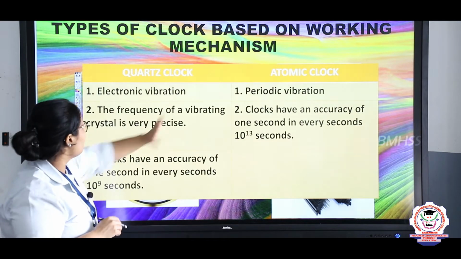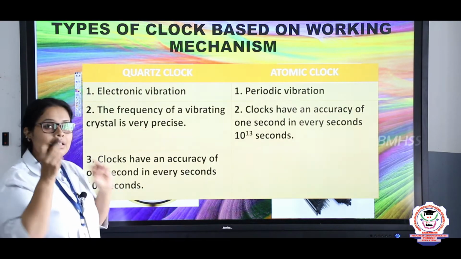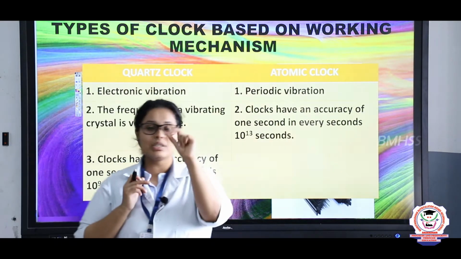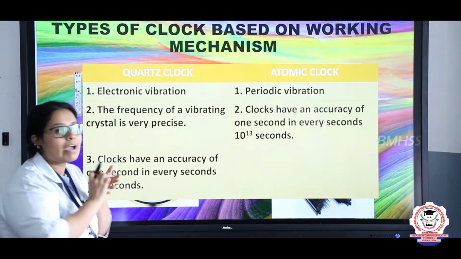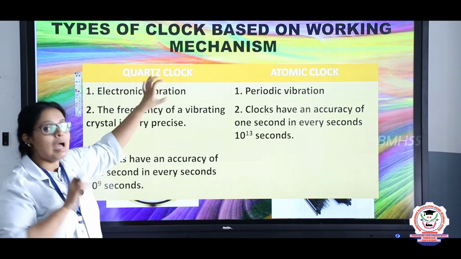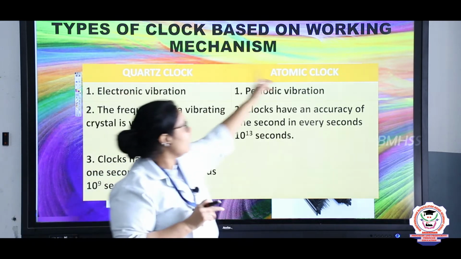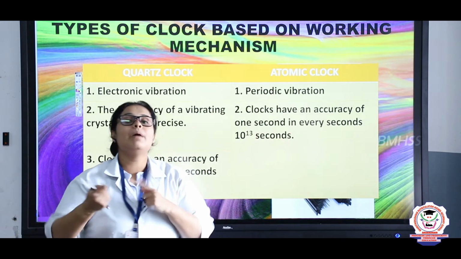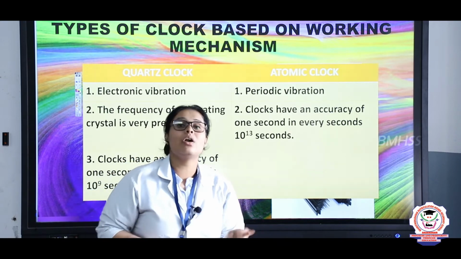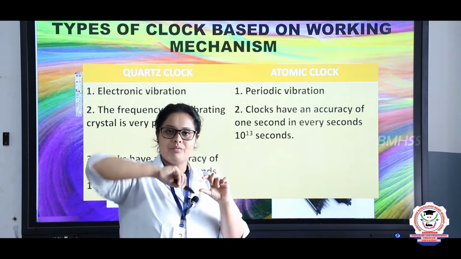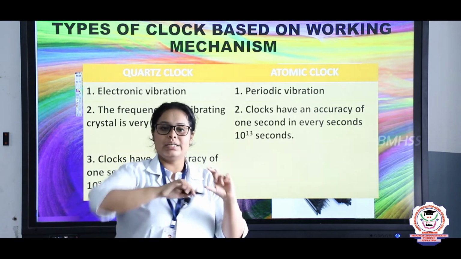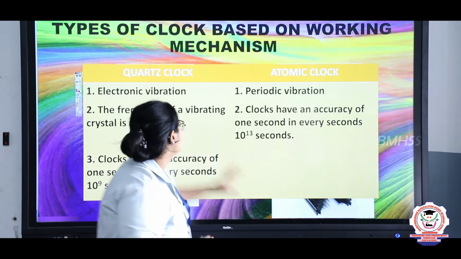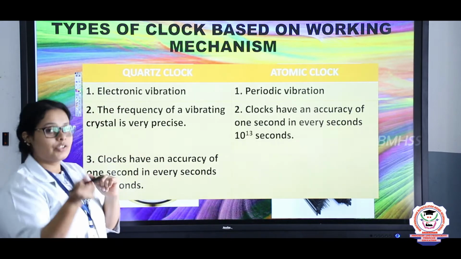In the quartz clock, the crystal which is quartz vibrates electronically, and from that vibration it tells the time. In the same way, in the atomic clock there is a periodic vibration. Periodic means if it goes up in 1 second, in the same second it comes down. It is a normal period. Here, I said it's electronic.